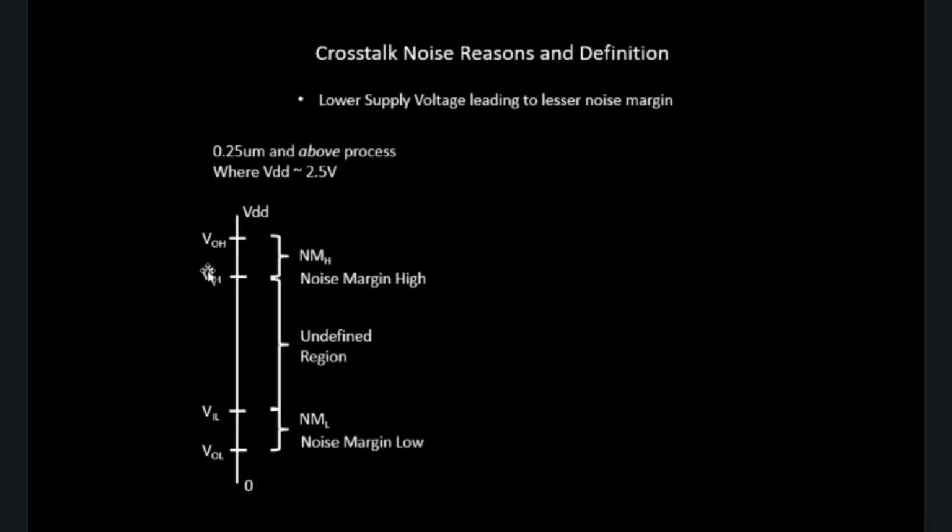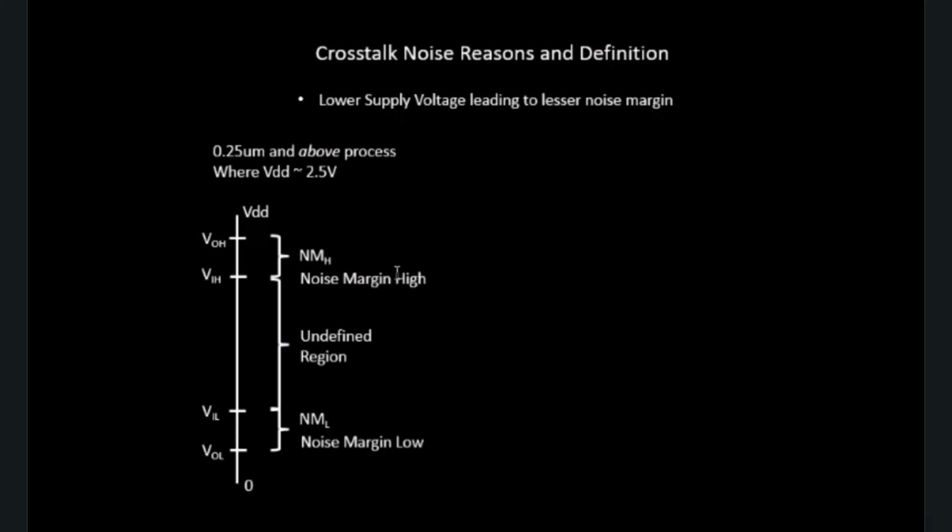So this is the noise margin concept, and these are rough values that we are taking as an example in a 0.25 micron and above process. The noise margins are always decided as a percentage of the supply voltage.